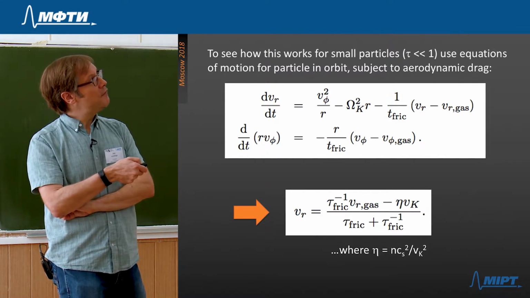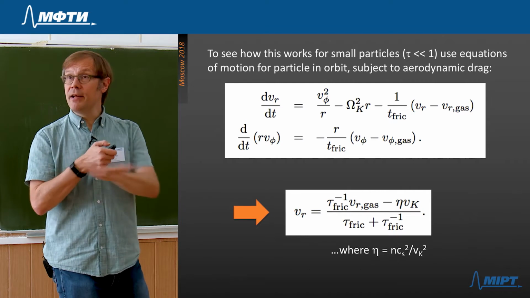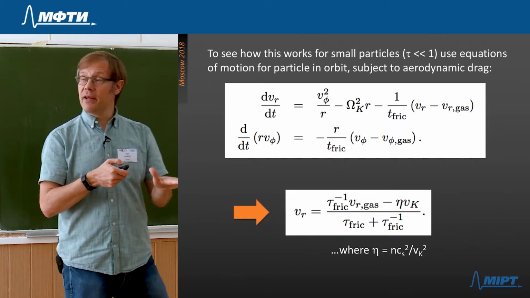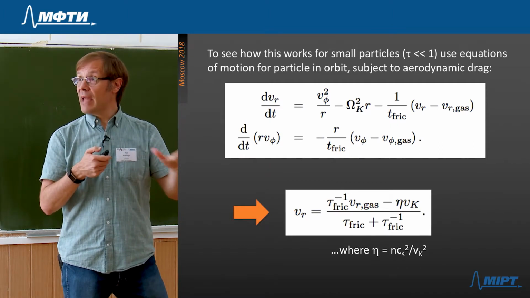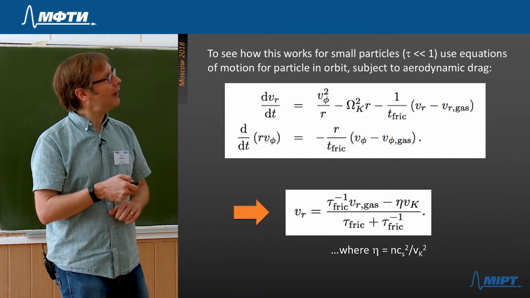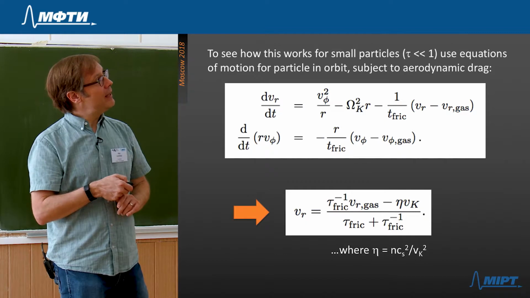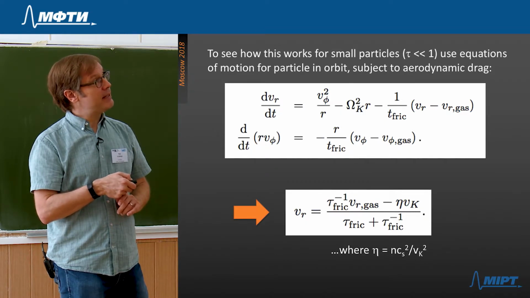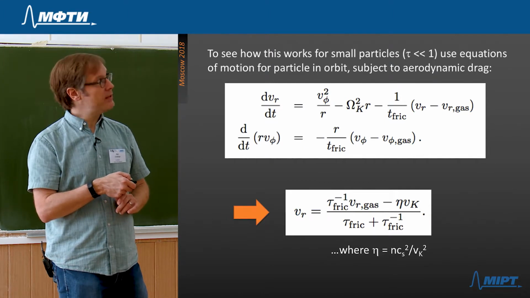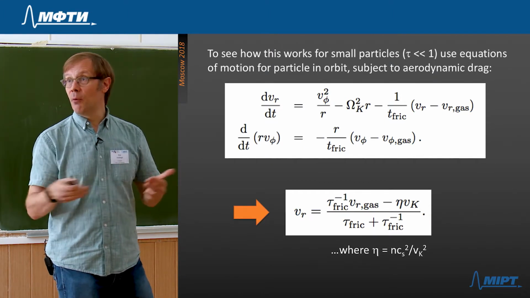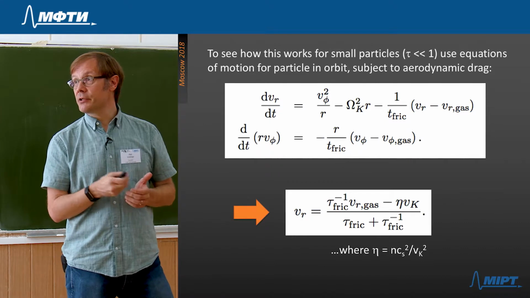Okay? So V_R gas is the radial flow of gas within the disk. So that's the rate at which, let's say, accretion is bringing the gas towards the star. And eta here is this ratio that's basically the thickness of the disk divided by the radius squared, with some prefactor which depends on what the power law gas density structure looks like.